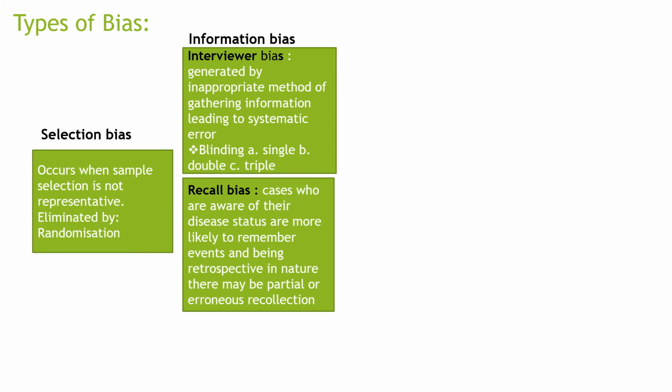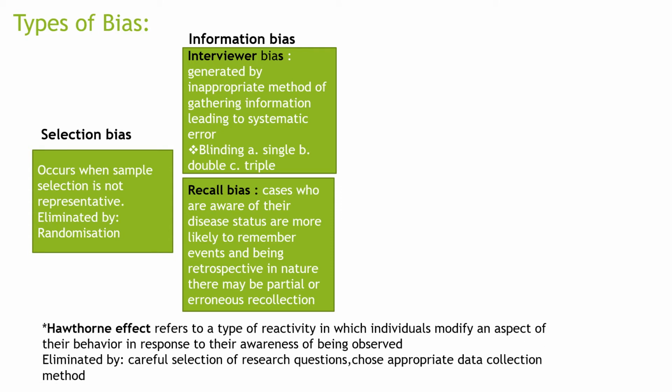Then another type of information bias is the recall bias. It involves the cases who are aware of their disease status. They are more likely to remember events, and being retrospective in nature, there may be partial or erroneous recollection.